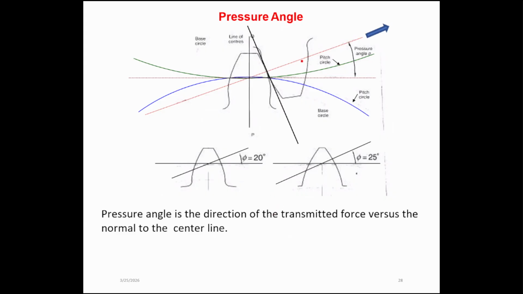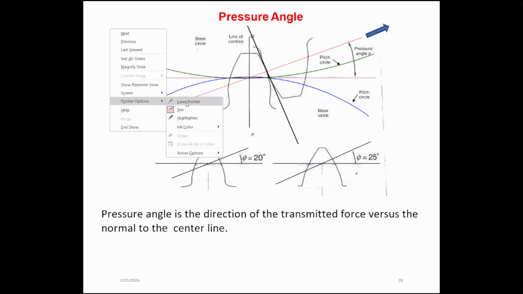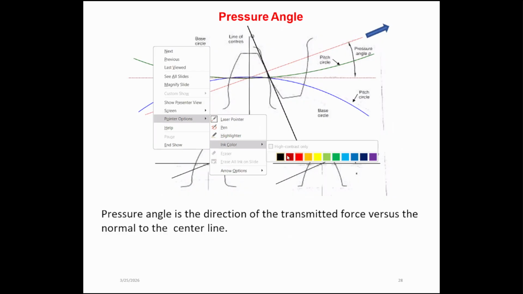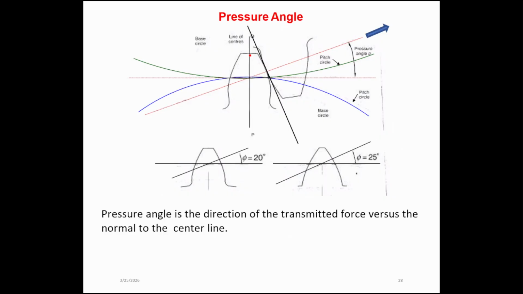Right. As I told you earlier, is there any possibility to reduce the size? No. Anyway, suppose we are dealing with involute gears. I will explain what is meant by involute gears later.